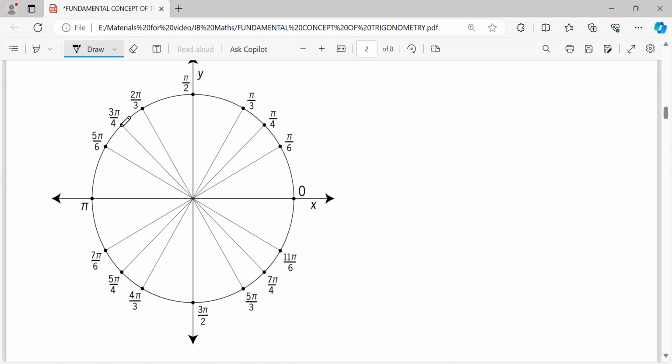I'm going to create the triangle. Okay. 2 pi over 3 actually from 0 until here 2 pi over 3, and look that triangle 2 pi over 3 identical with this triangle. Okay.